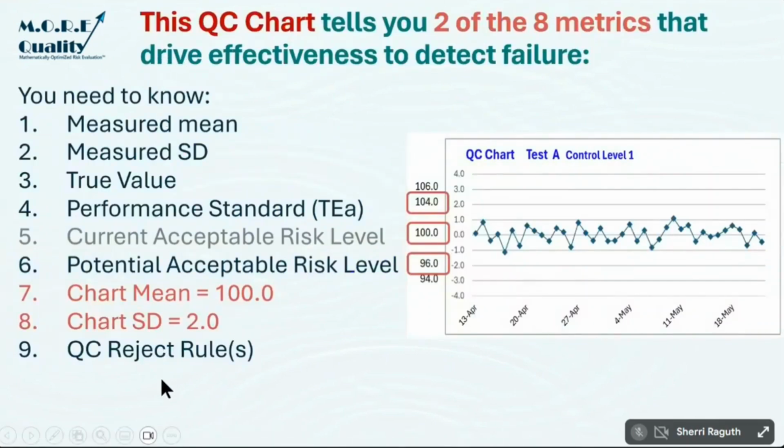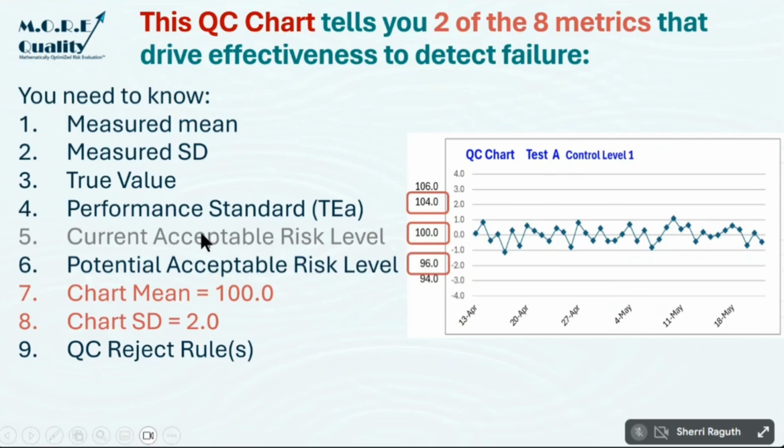You need 8 metrics, and perhaps 9, that will drive effectiveness of the QC chart to detect failure. You need to know the measured mean and SD, the true value, the performance standard. That's why I said 8. You don't need the current acceptable risk level. You need the potential acceptable risk level, which is how many errors am I willing to report for my daily QC.